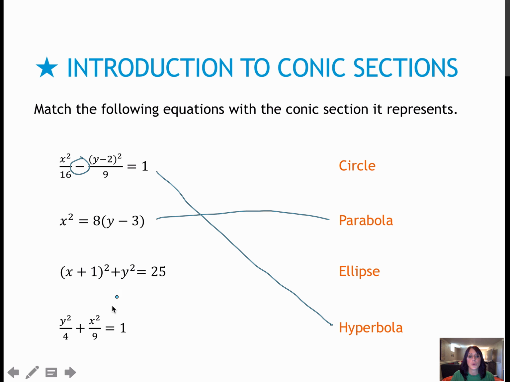Looking at these two, again, this one is a circle. And what I was talking about on the last screen was sometimes you might see it written like this, which would be the exact same function. It's still a circle because the denominators would be the same. This one has different denominators, and so that is my ellipse.